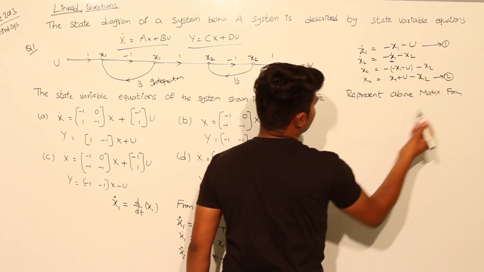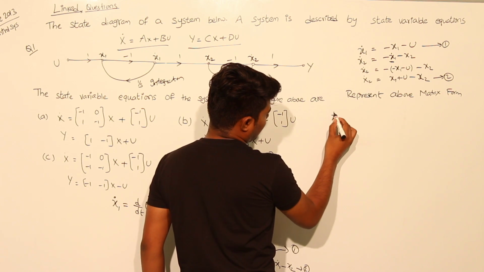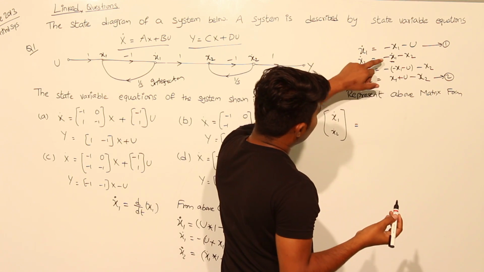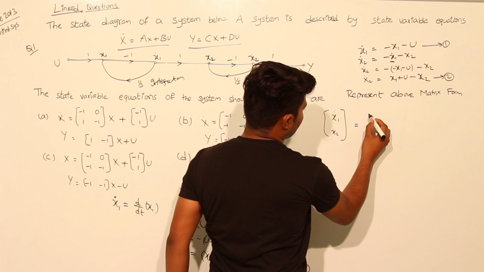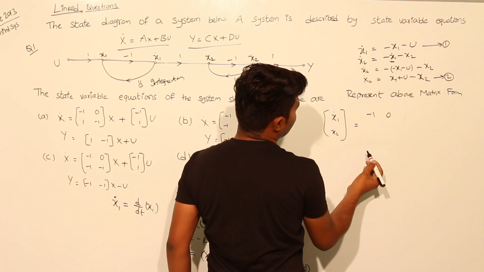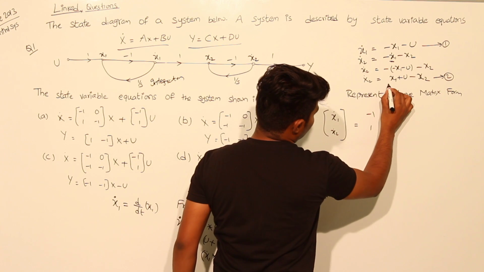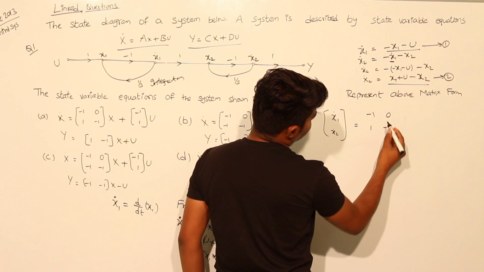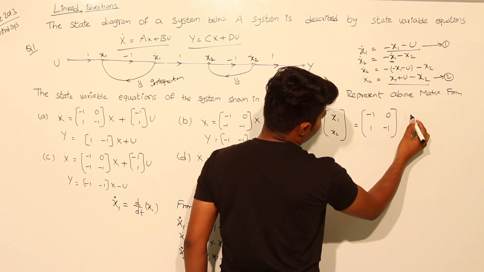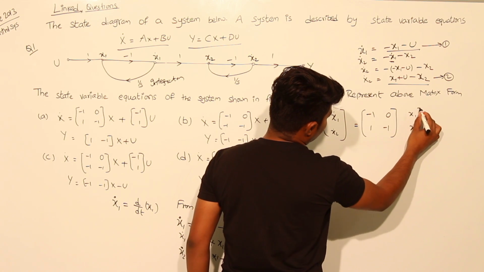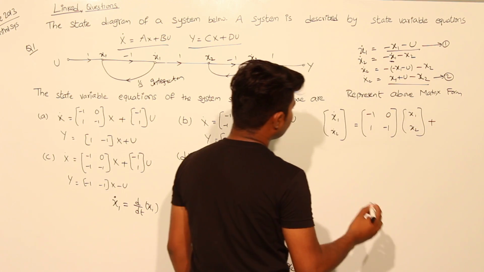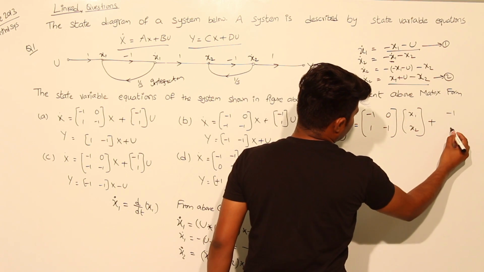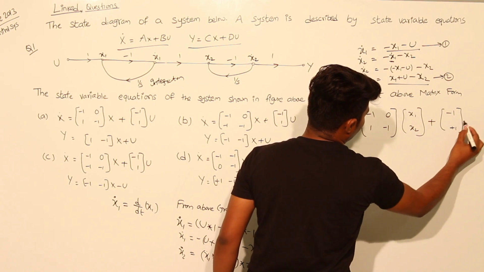We get x1 dot, x2 dot equal to: for x1 there is minus 1 and there is no x2 component; in the second row, for x1 there is positive 1, and x2 is minus 1, multiplied with x1, x2, plus we need to get the u component also. Here it is minus u, here it is plus u. So minus 1, plus 1, into u.